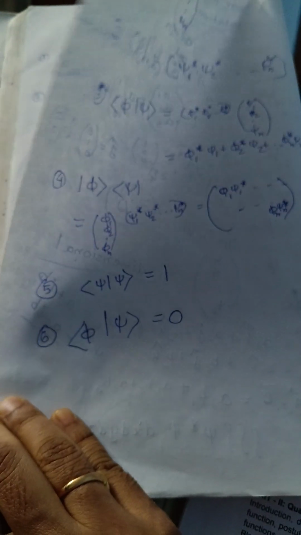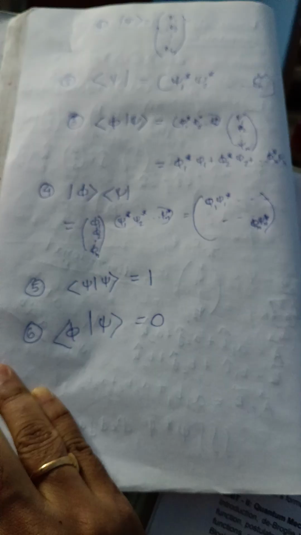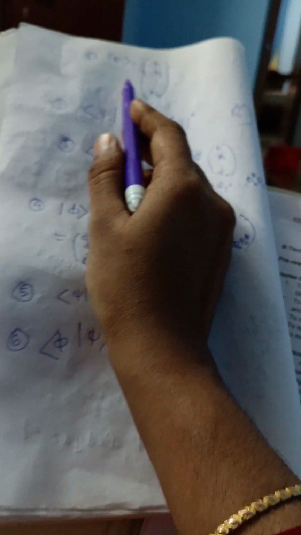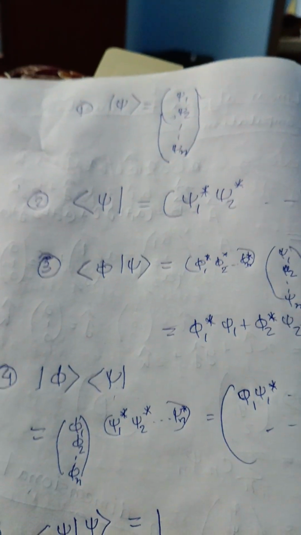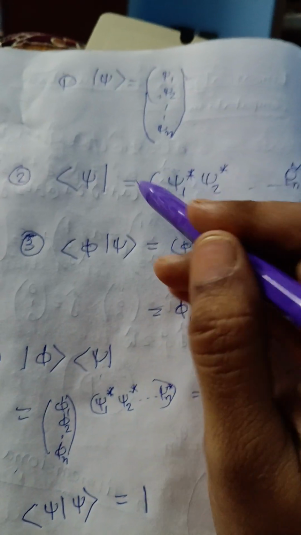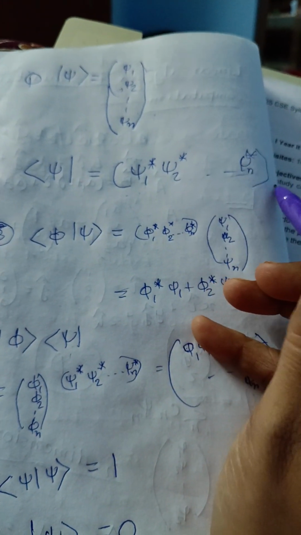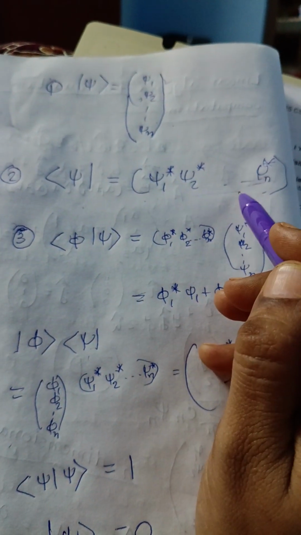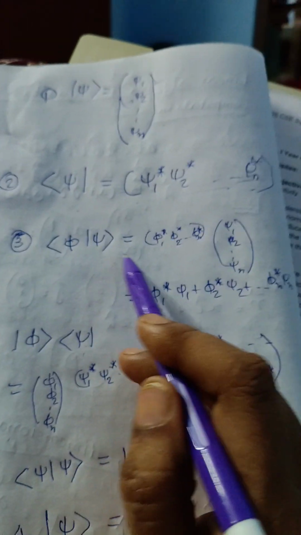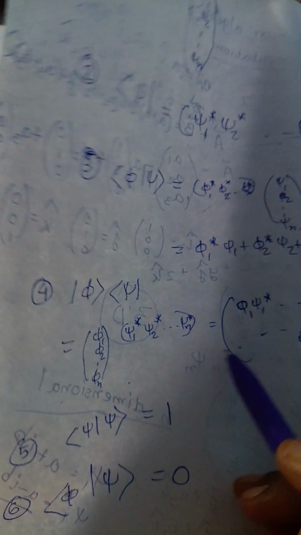And these same 6 points you can write in the case of linear algebra in quantum computation. In linear algebra, a quantum state is represented by a column matrix. Then its Hermitian conjugate is represented by a row matrix. The inner product is defined by this term. The outer product is defined like this.